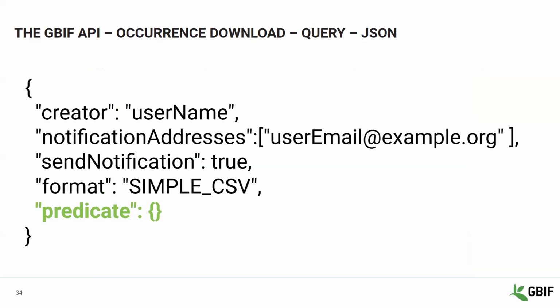To create a query in JSON, this is how you do it. You specify a username and address. All the details you have to specify in the header, and then you have to specify the predicates. Predicates are nothing but the query parameters.